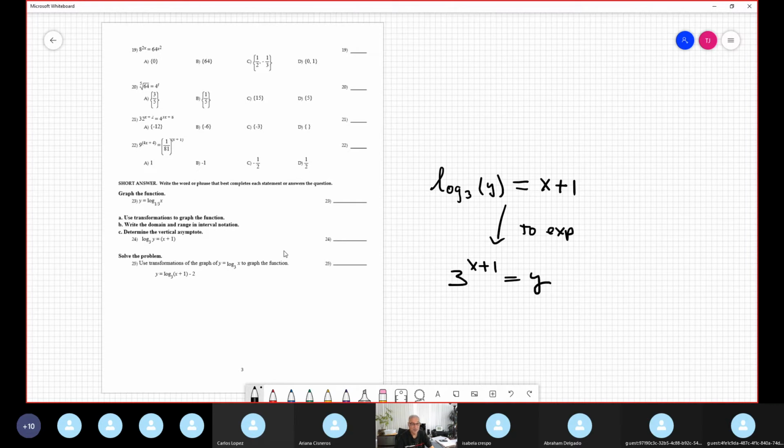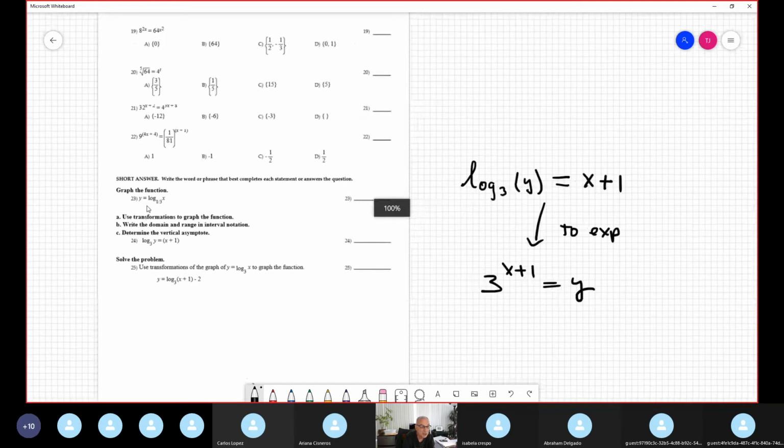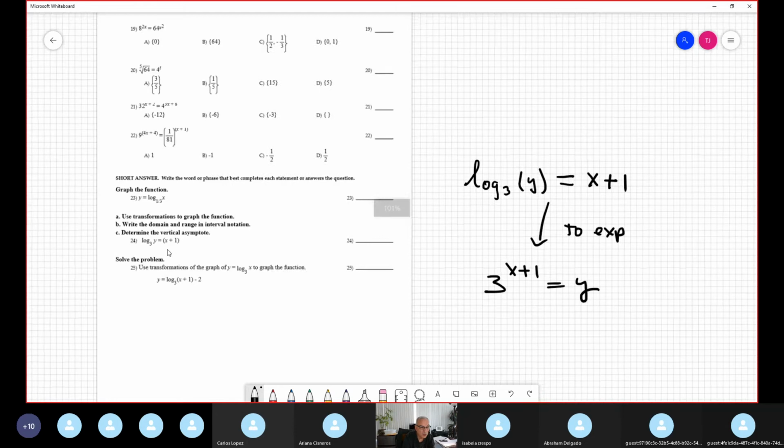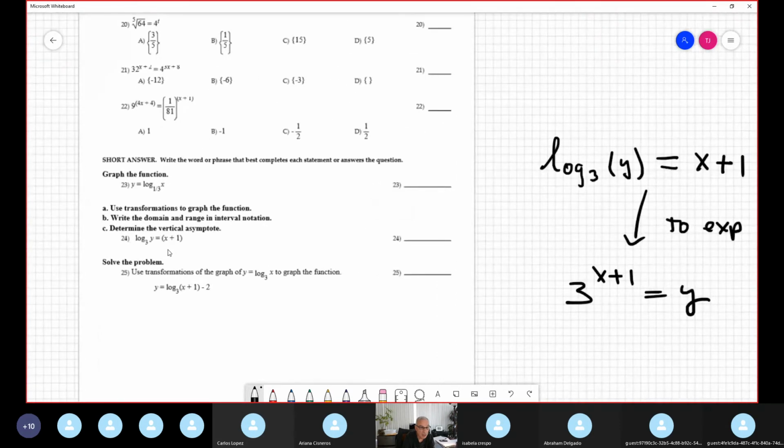And this graph, let me see. No, it's okay. I got it now. Okay, the problem is that this ABC corresponds with the graph of 23. Yes or no? And 24 has no question. Let me see.